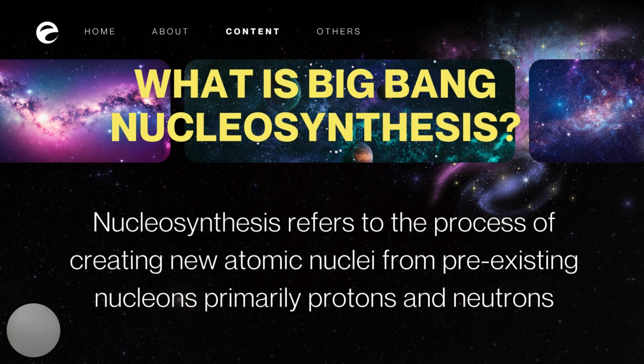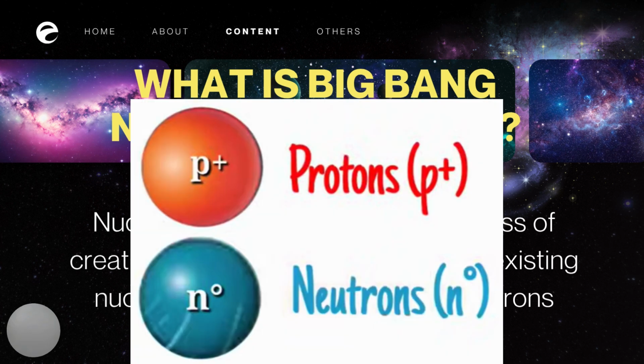It refers to the process of creating new atomic nuclei from pre-existing nucleons, primarily protons and neutrons. So this is the process where nag-make siya into new atoms, gikan sa naa na nga mga protons and neutrons. Again, protons, look at the symbol P plus. Neutrons is N with a circle at the top.